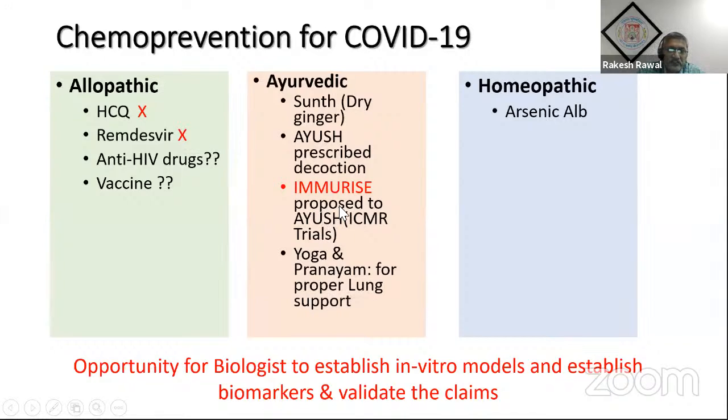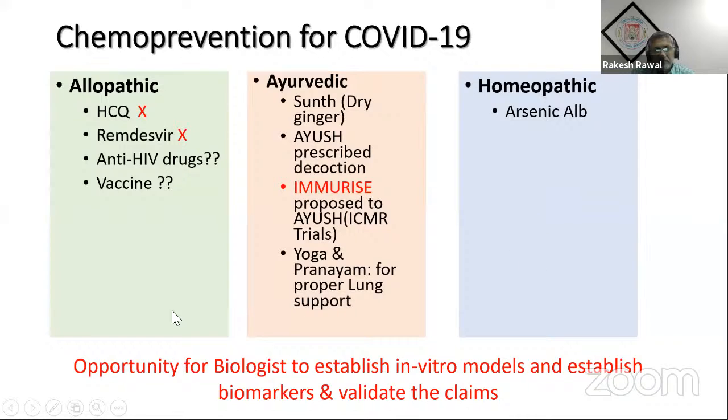Currently those trials are going on. At the same time, yoga and pranayama were also promoted as regular activity to keep yourself fit and to make your lungs properly functional, so you ventilate yourself. There was even free circulation of Arsenicum album along with the Ayush-prescribed medicines, and many people took that as a prophylaxis for chemoprevention.